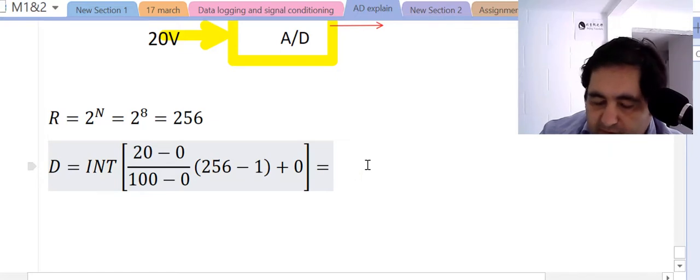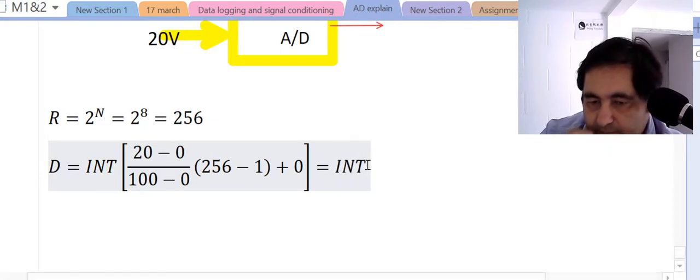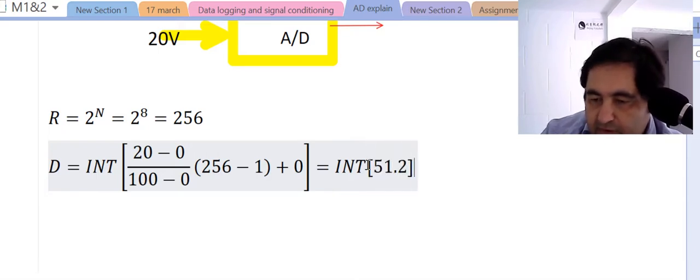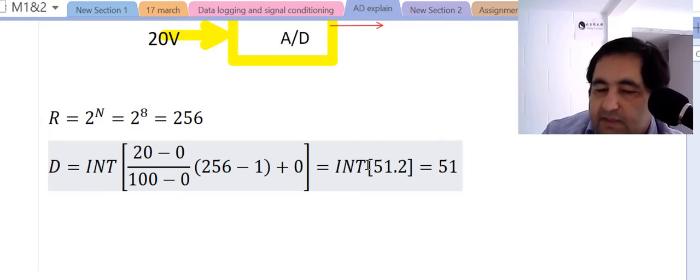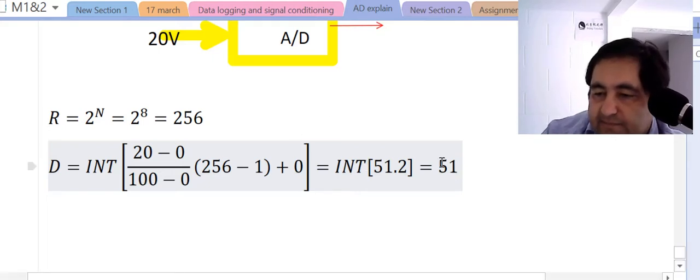So how much is the integer of 51.2? The 0.2 is going away, so it's going to be 51. Yes, that's the answer, guys. So the output that we have is exactly 51. Basically the PLC is giving us 51 here.